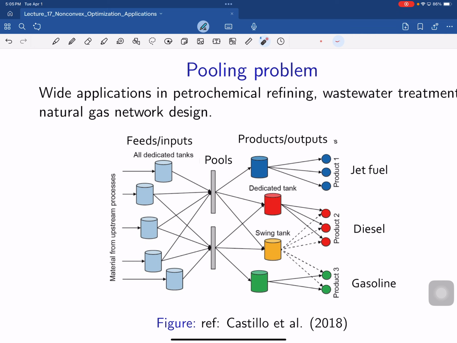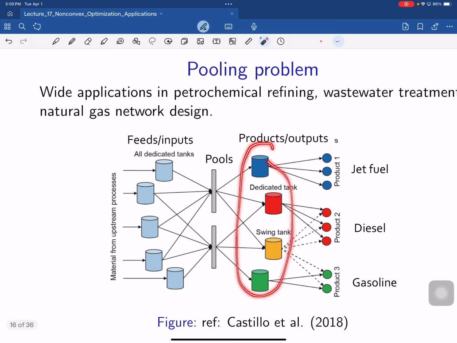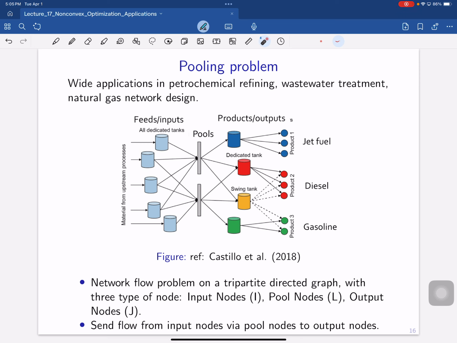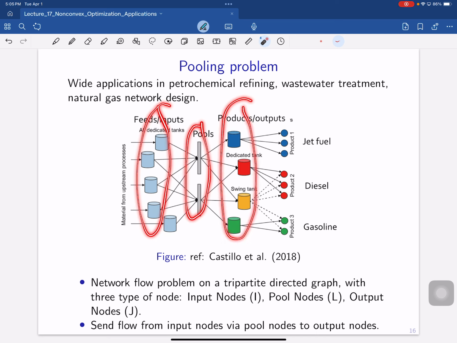And here you have different product tanks, where you can think about the product tanks as different compositions, which will make, let's say, jet fuels, diesel, or gasoline, or different compositions of gasoline, right? Okay. So the idea here is it is a tripartite network flow problem, right? Where you have some feeds, some pools, and then some product nodes, right?